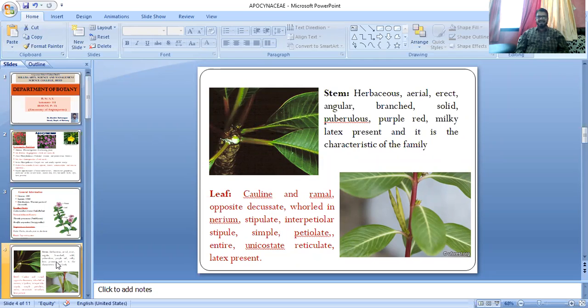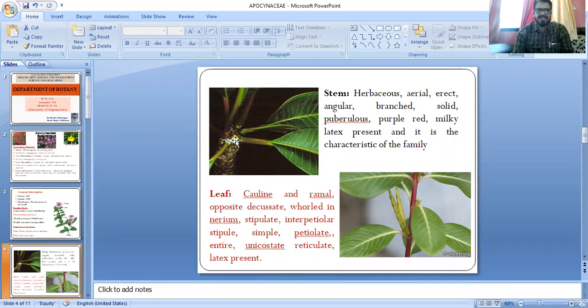Purple red color, the stem. Look, this stem. This is the stem of Catharanthus roseus, and it is purple red in color. Then milky latex is present.